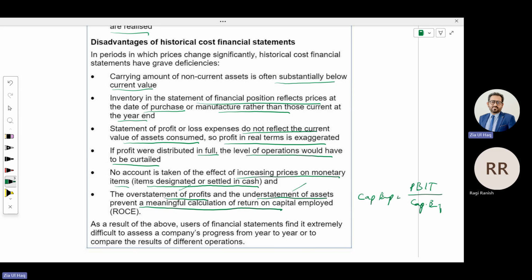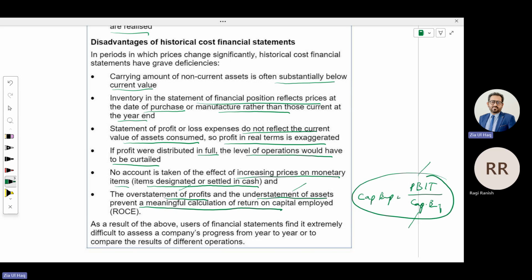If you are not recording asset value as per current market value, including inflation, assets could be understated. And if profit is overstated and assets are understated using historical cost basis, ultimately we cannot calculate a meaningful capital employed.